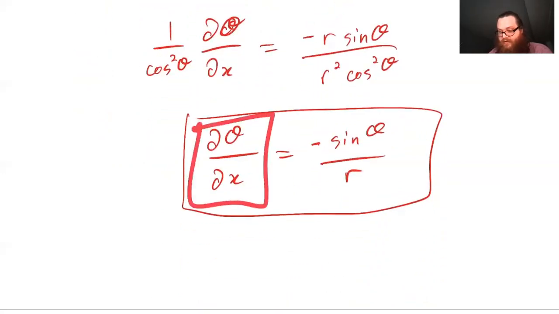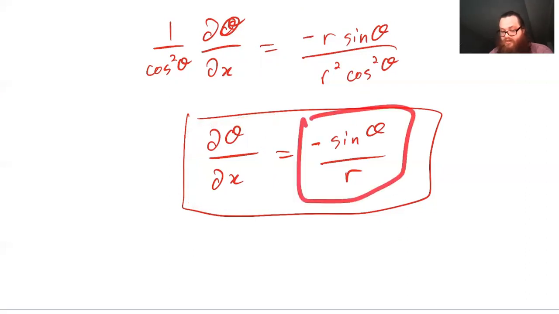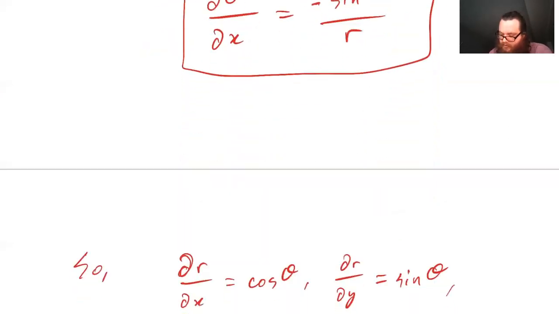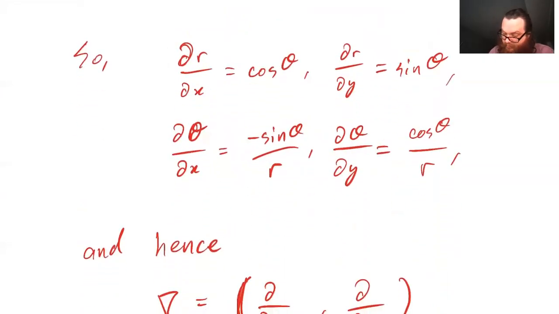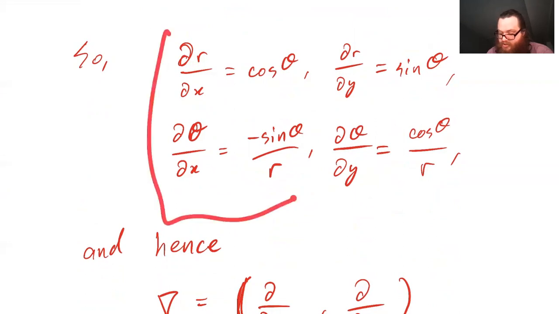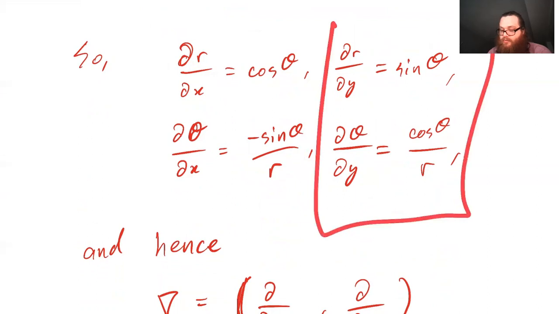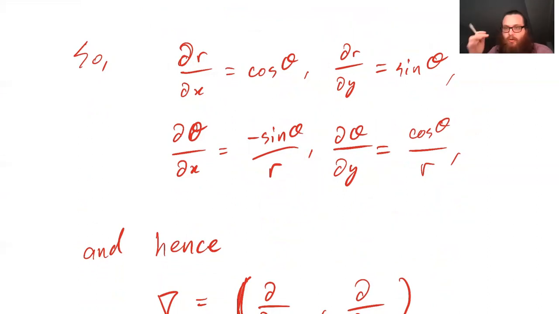Here's how theta varies with respect to x. Okay, minus sine theta over r. Okay. So to summarize, these two pieces we just computed. These two pieces we can compute in almost exactly the same way.